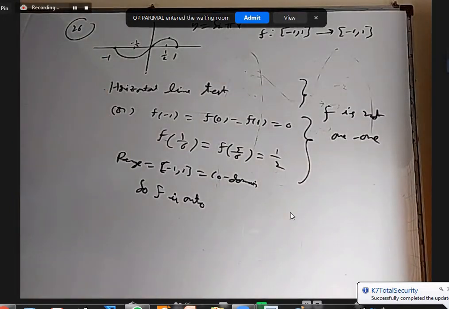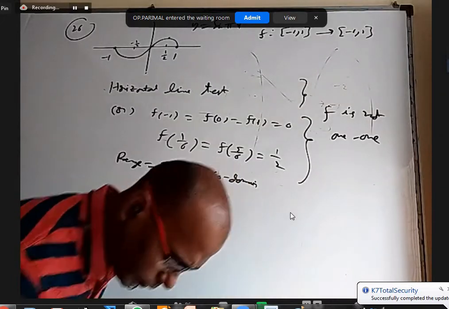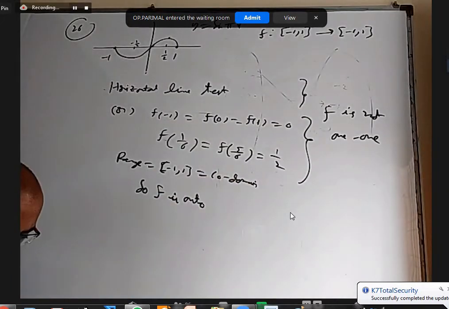So Ritam, is it clear? Yes, sir. Okay. So for these questions, there's no standard rule. You should get an overall idea of the function either from the graph or without the graph, and then based on that you should come to a conclusion.